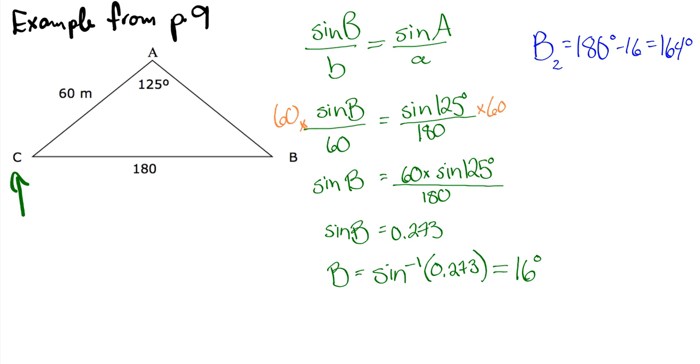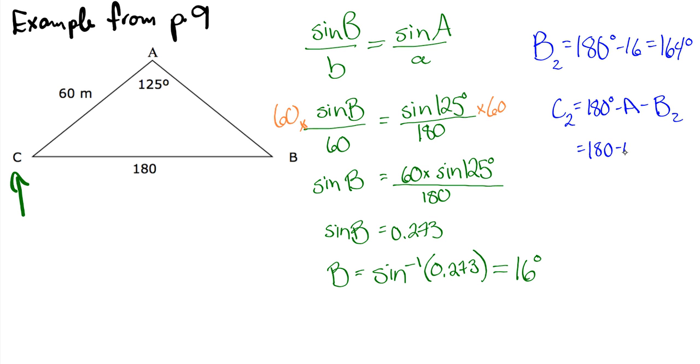Then if this second triangle is possible, that means a second value for angle C would have to exist, in which case I'm going to have to do 180 minus the other two angles. So minus A minus that second B.